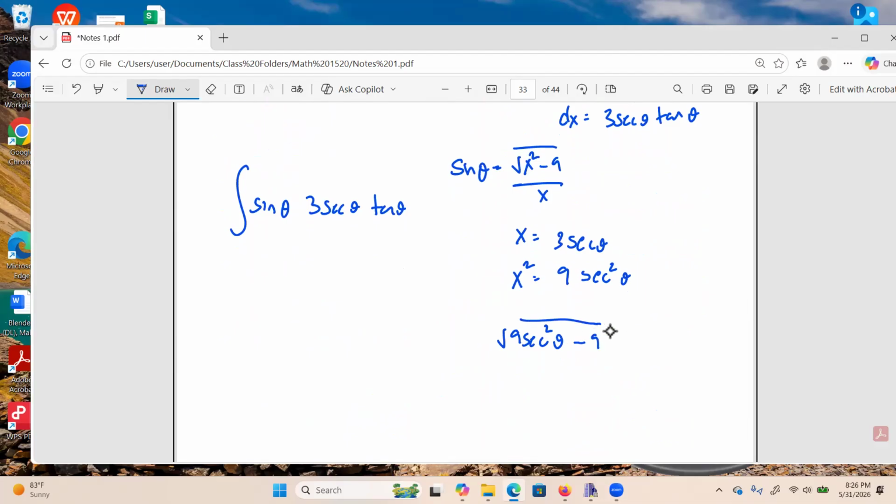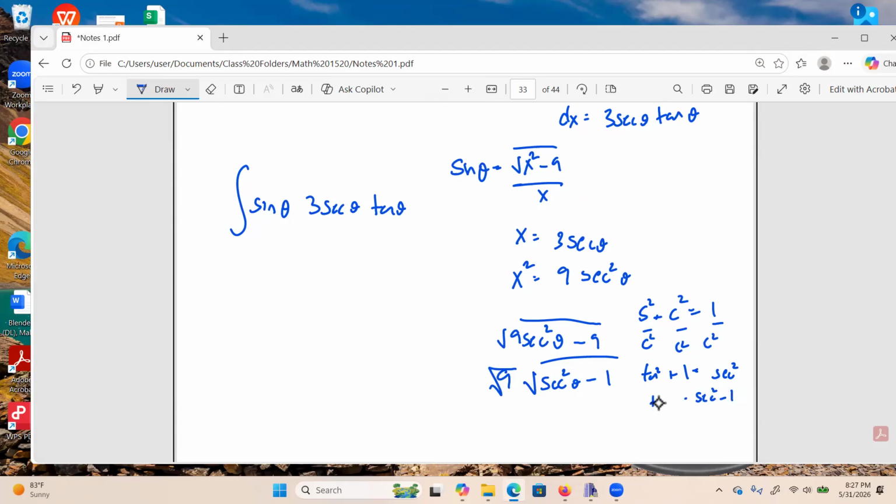And what's going to happen is that we're going to factor out a 9, and then we have a square root of secant squared theta minus 1. Okay, and we have to go back. Remember, we have sine squared plus cosine squared is equal to 1. Let's divide everybody by cosine squared, because I'm looking for tangent squared plus 1 is equal to secant squared. So we have secant squared minus 1 is equal to tangent squared.